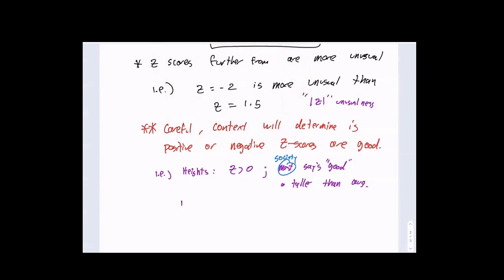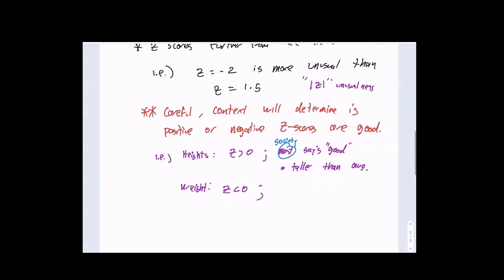So for example, if I talked about weights, and if you had a z-score less than 0, is that good or bad? Okay, you're saying bad because why? Society says shorter than average is bad. We're not talking about height.